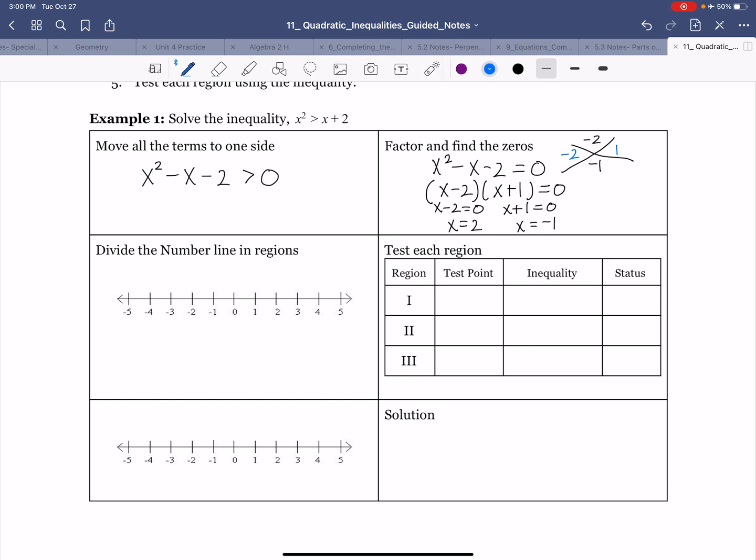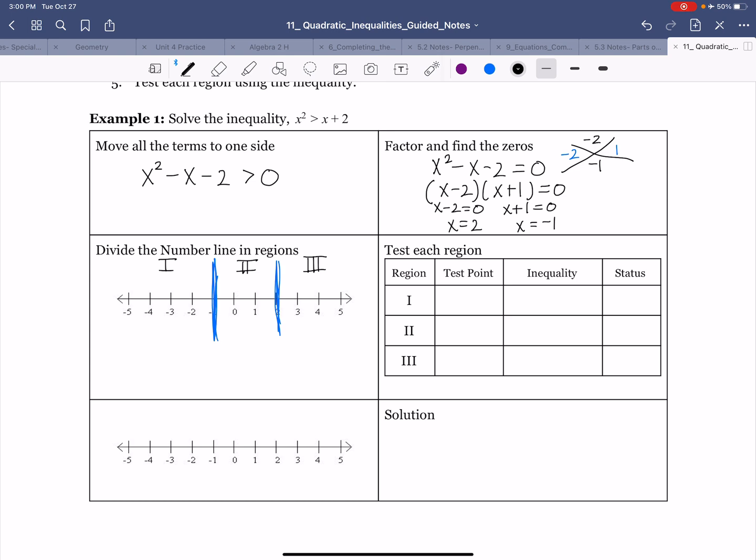At negative 1, we're just going to draw a bar, and then we're going to draw one at 2. Okay, so we have 3 different regions: region 1, region 2, and region 3.